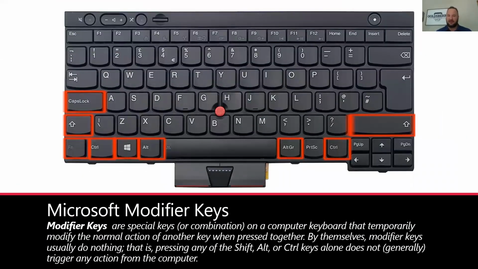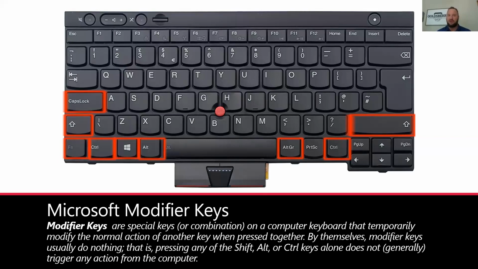So modifier keys. Some of you may have never heard that term, but modifier keys are special keys or combinations of keys on a computer that temporarily modify the normal action of another key. So if you look at the highlighted keys here, and again, this is a Microsoft keyboard, you see the caps lock, the shift button, the function, control, Alt and Windows buttons that I've highlighted here.